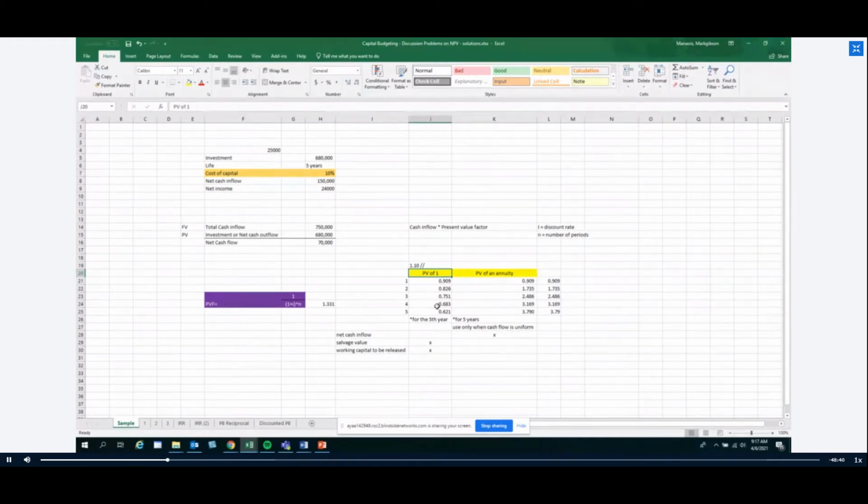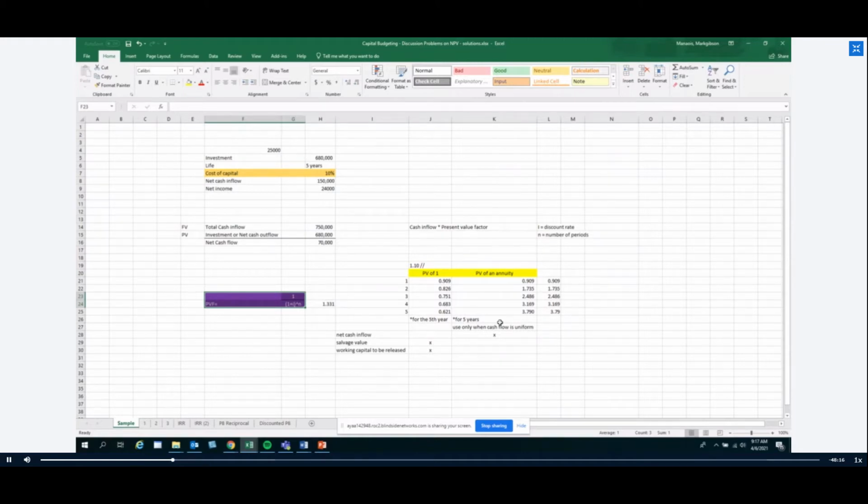Or pwede naman natin i-calculate kasi meron naman tayong formula, which is 1 over 1 plus I, where I is a discount rate raised to the power of n. N is number of periods.